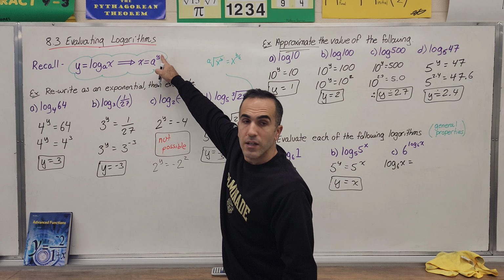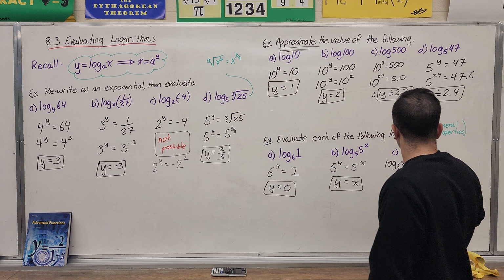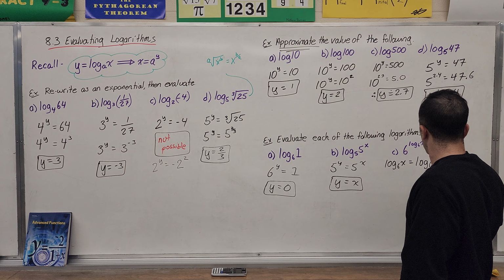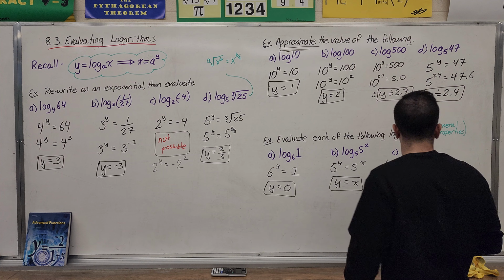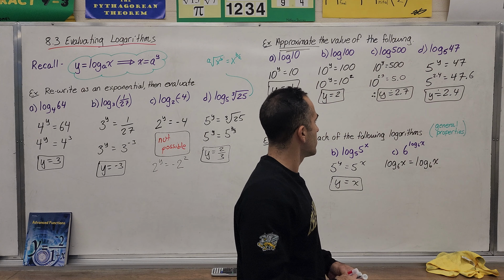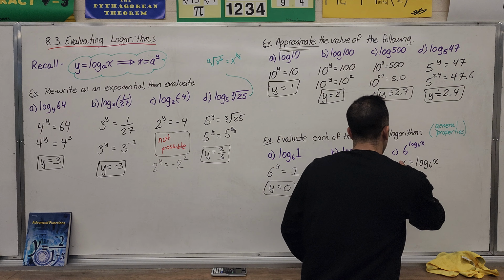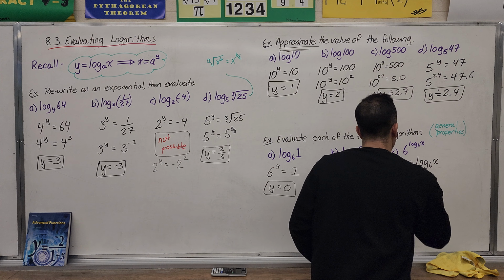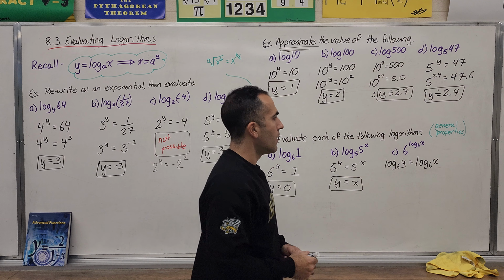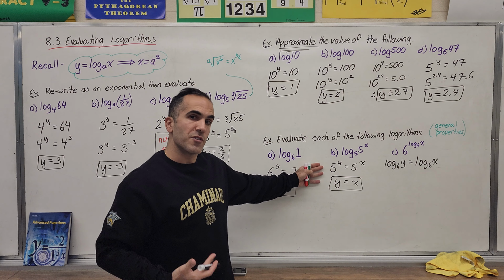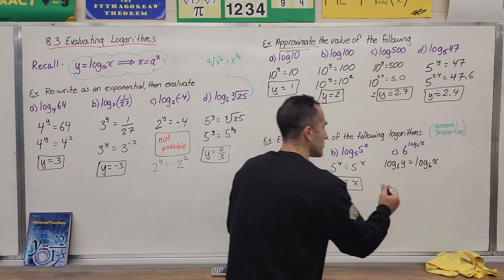A to the y. The base is the base of the log. And x goes next to log. Sorry, that's supposed to be a y. Okay, and just like this one, this is just the inverse of it. y is also equal to x over here.